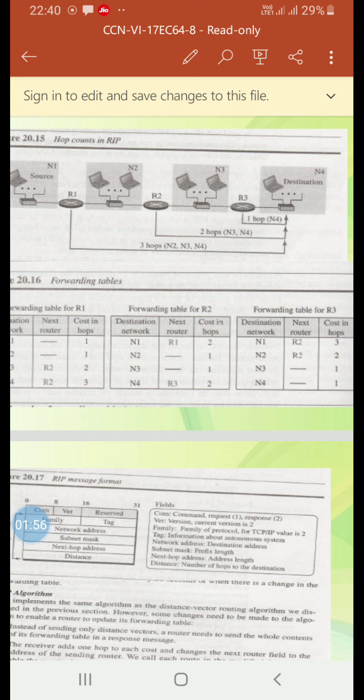In RIP, the maximum cost of a path can be 15, meaning 16 is considered as infinity. RIP can be used only in autonomous systems in which the diameter of the autonomous system is not more than 15 hops.